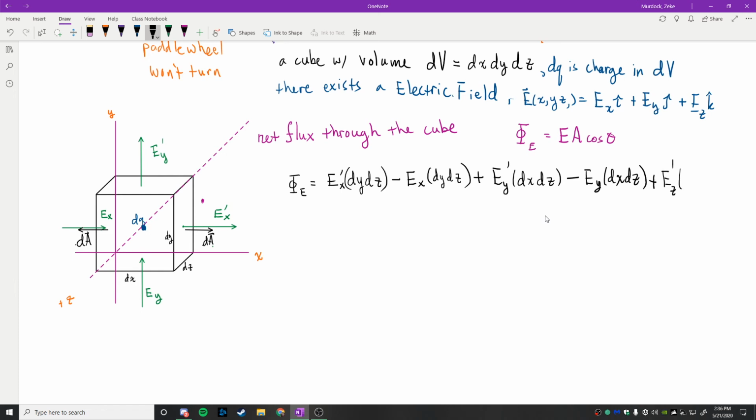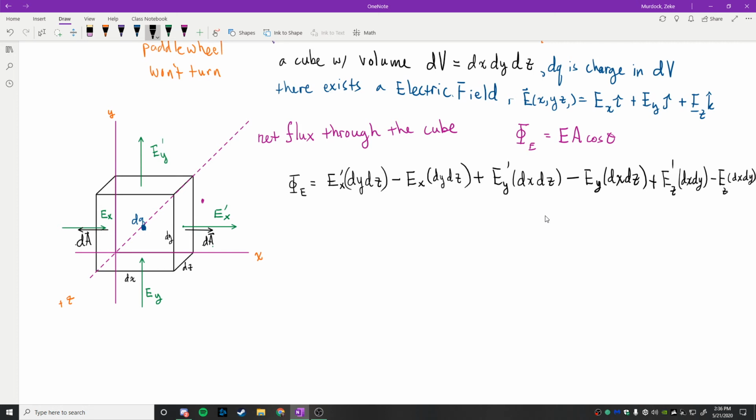Z is the one that comes in the front and out the back, so the face is going to be dx by dy, so this is dx dy, and then minus Ez dx dy. That's going to be my flux. It's a long, complicated expression, but there you go.